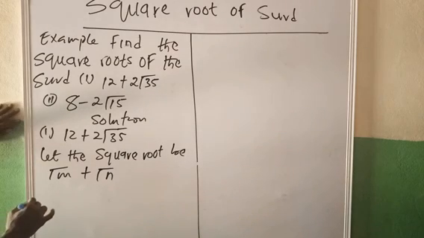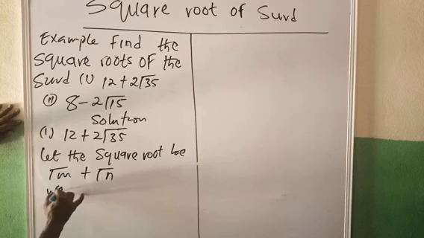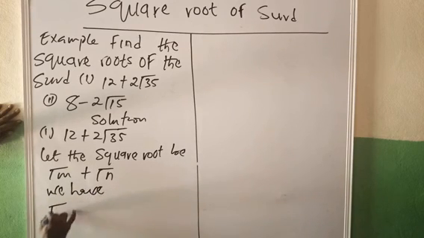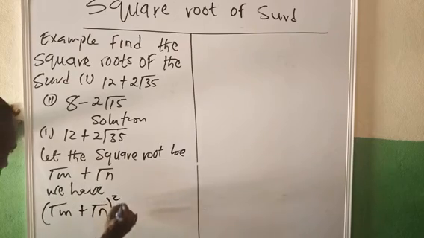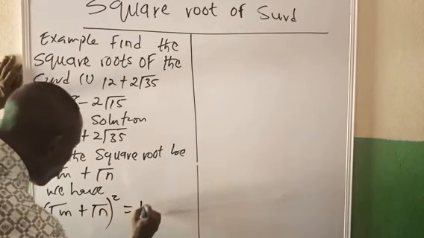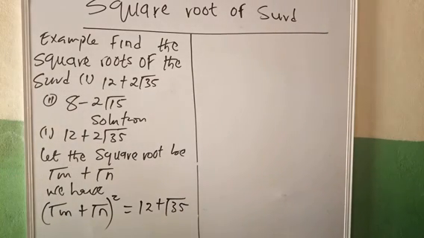Then we now have root m plus root n squared will be equals to 12 plus 2 root 35. Because if the square root of the surd is root m plus root n, which means their square must give you 12 plus 2 root 35.